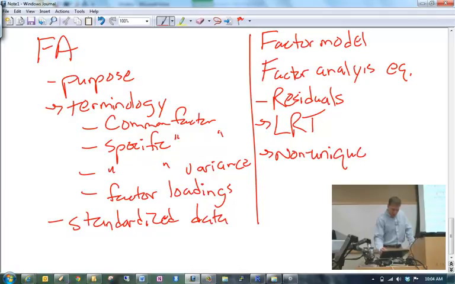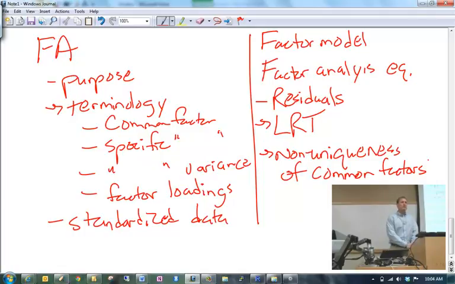Then a very important concept to understand with factor analysis is the non-uniqueness of common factors. And just for review, what does that mean? What do you mean by there's many different common factors?